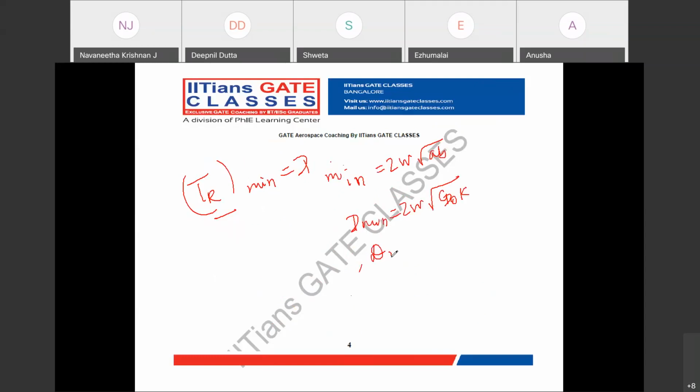Drag minimum does not increase with respect to altitude. It remains the same, because it doesn't contain any density.